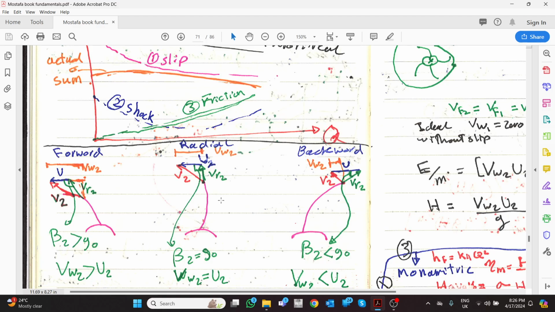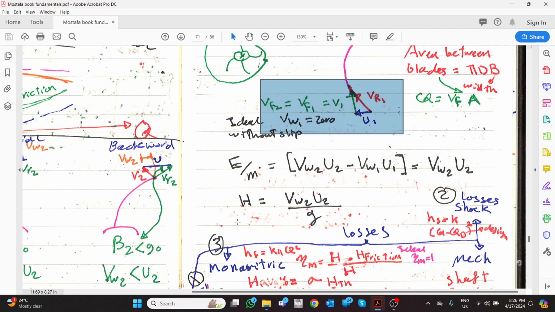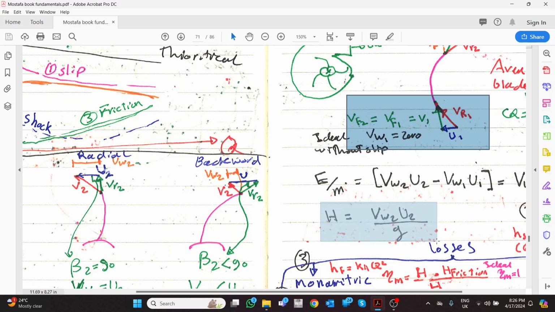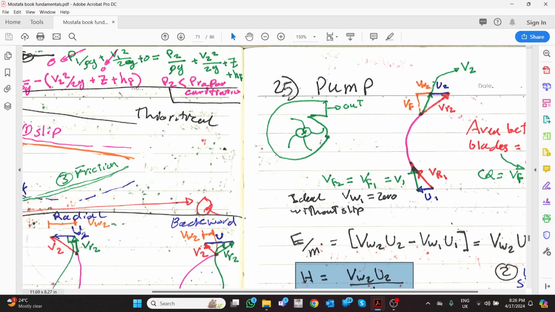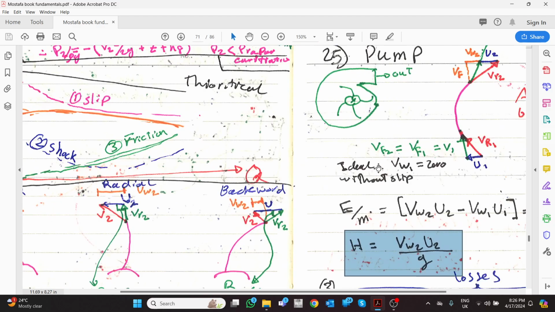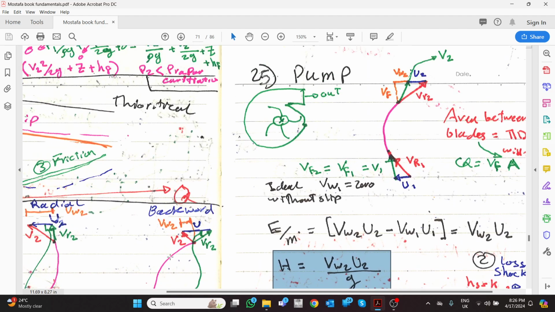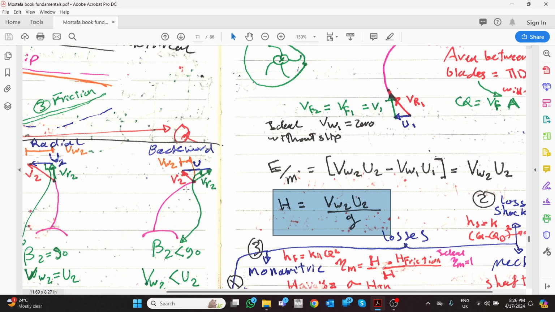See, the rotation is always in this direction. And we are not going to study this part because we understand the head is only depending on here. So let's check the backward plate, similar to this one. Backward plate means the plate angle is less than 90.